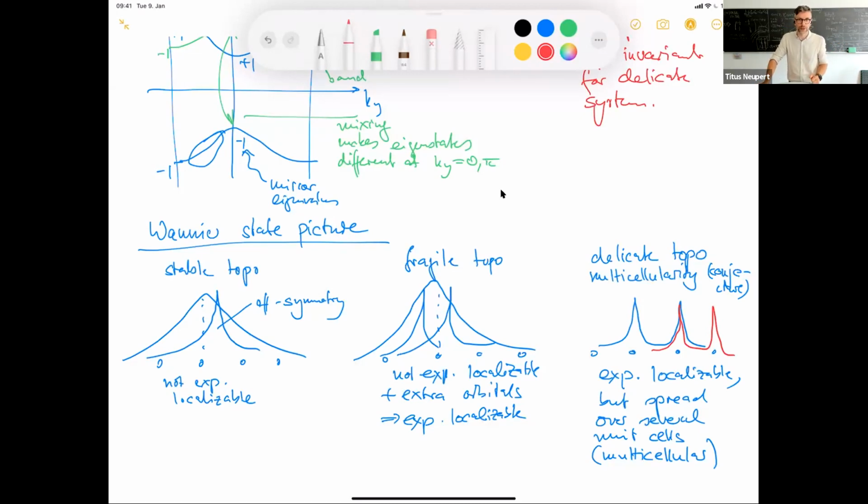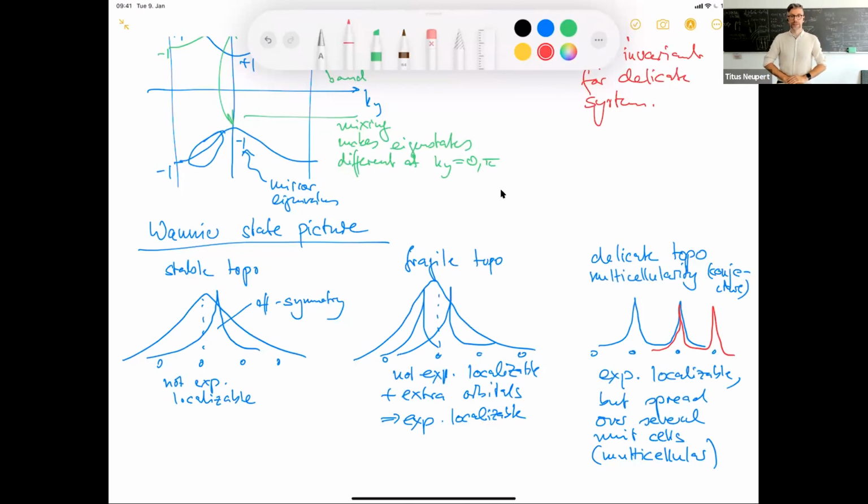Perturbation theory doesn't work quite the way it does, and topology cannot be only encoded in the eigenstates, as is the case here, but it can also be encoded in the eigenvalues. So if you have complex eigenvalues, as a non-Hermitian matrix in general does, then you can have a winding of that eigenvalue in the complex plane without anything interesting happening to the eigenstate, and that could be topological.